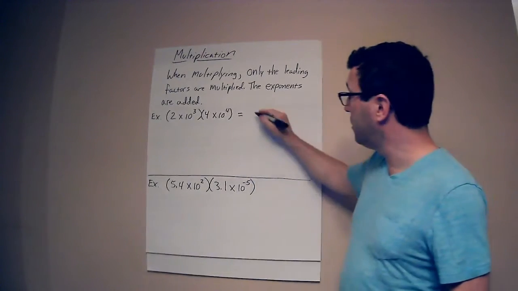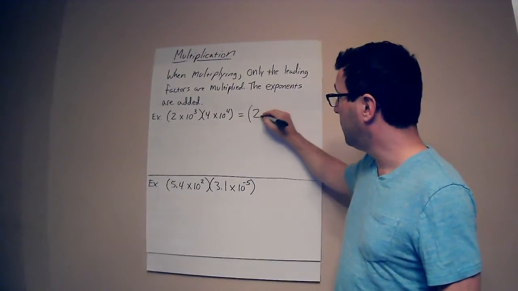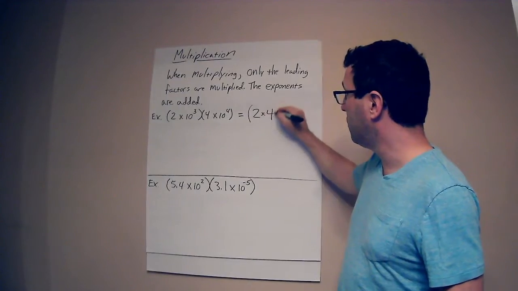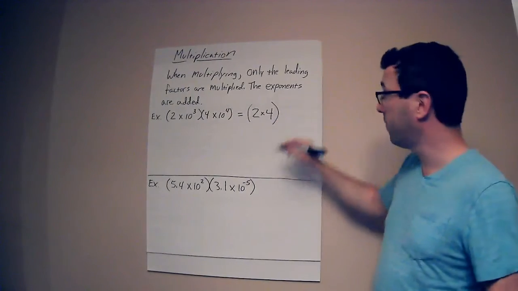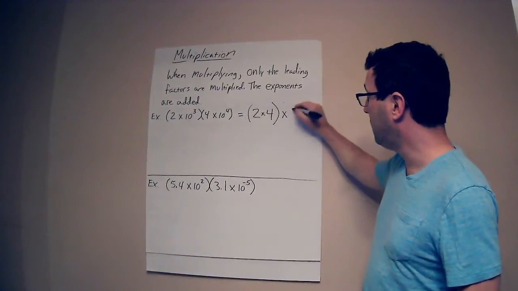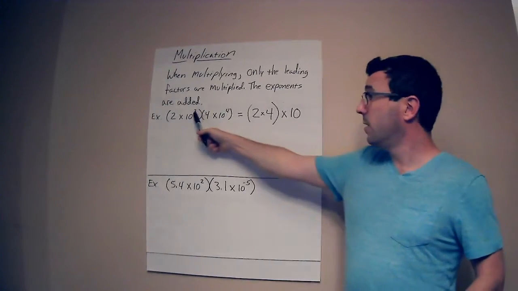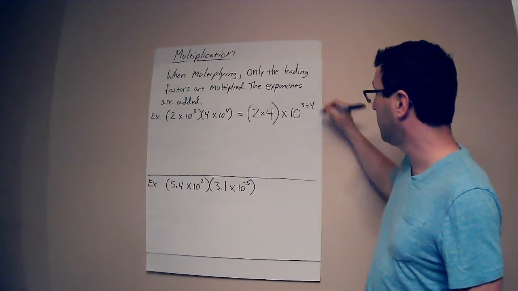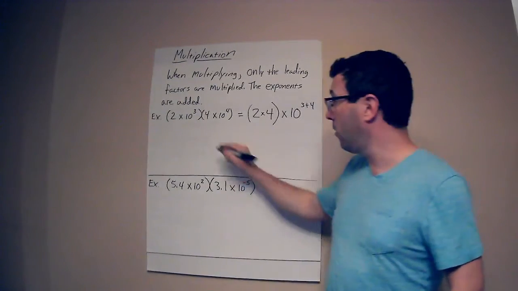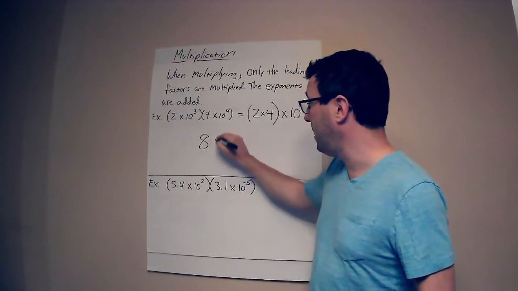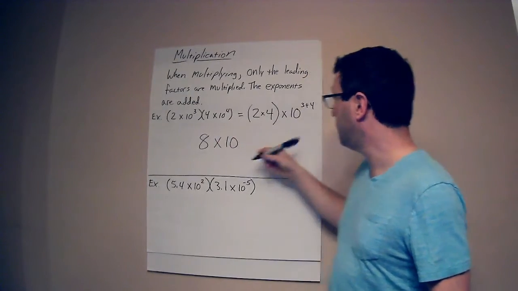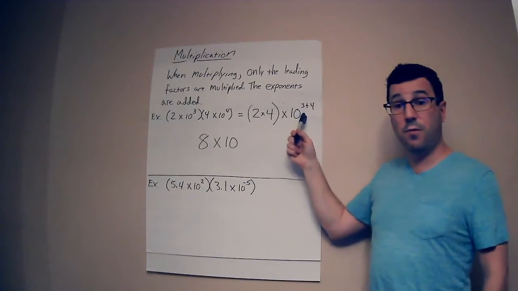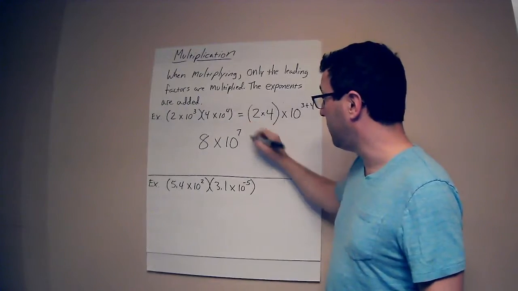So all I'm really going to do is 2 times 4, and then I have times 10, and I say 3 plus 4. So I'm going to add my exponents. 2 times 4 is just 8, times 10, and we got 3 plus 4 adds up to 7.